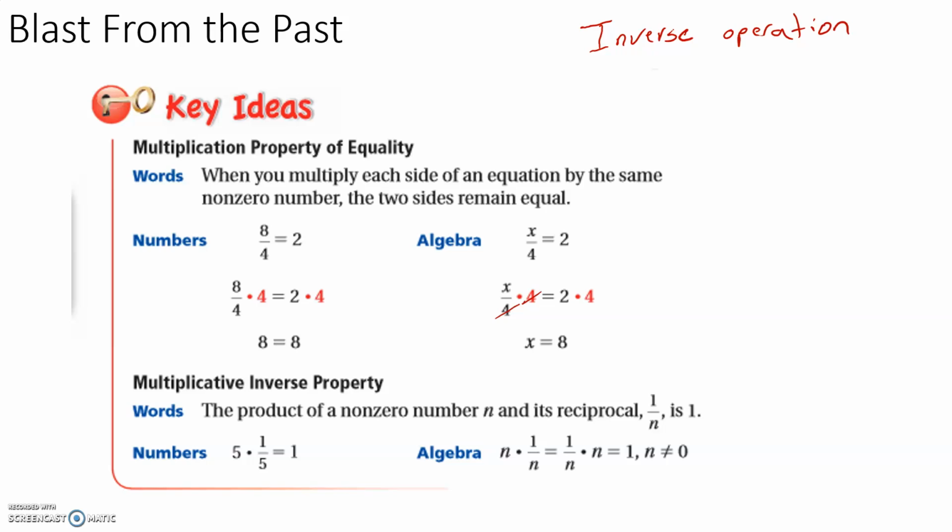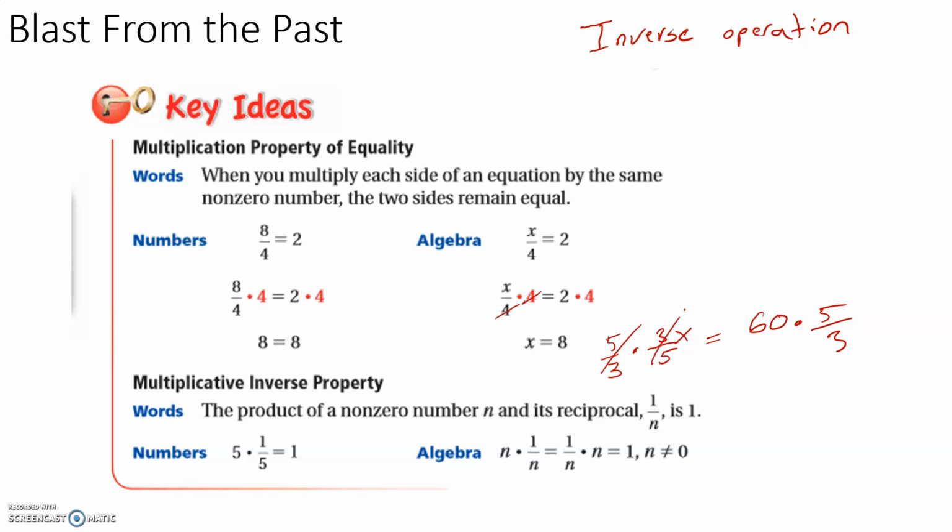For the multiplication inverse property, I don't like that example, so I'm going to go with a better one. I have 3/5 x equals 60. What that's saying is I'm going to multiply 3/5 by its reciprocal, 5/3, and do the same thing on the other side.